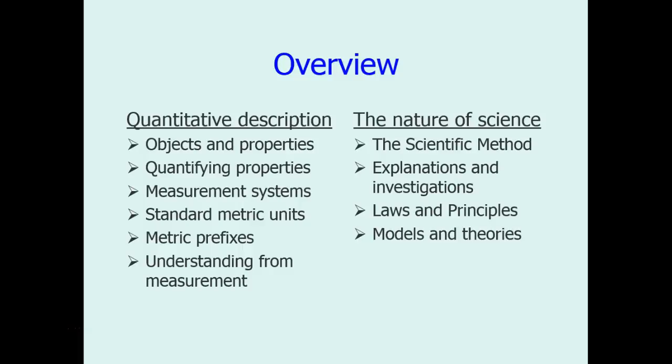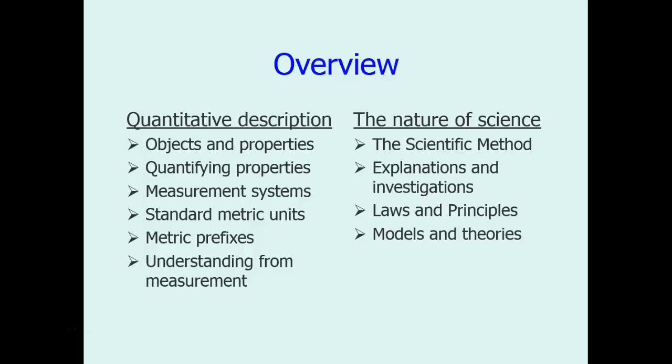Then the last part of the chapter, to me, is a little more nebulous, but it does talk about the scientific method. We'll mention a couple of giants of science in there, so maybe people you'd be interested in writing on. There is a paper required in the course, okay? Explanations and investigations, what makes up the scientific method, how that differs from how things were done in the past.